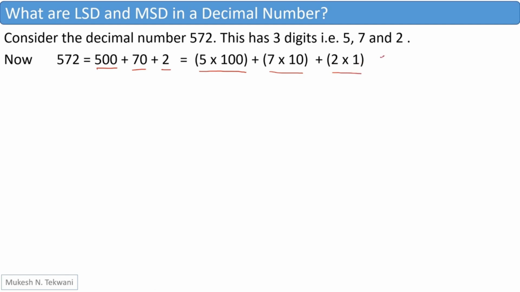So from our school mathematics, we will remember that we say that 2 is in the units place, and the reason for that is that it is multiplied with 1. But the number 5 in this particular example is in the hundreds place because it is multiplied with 100.